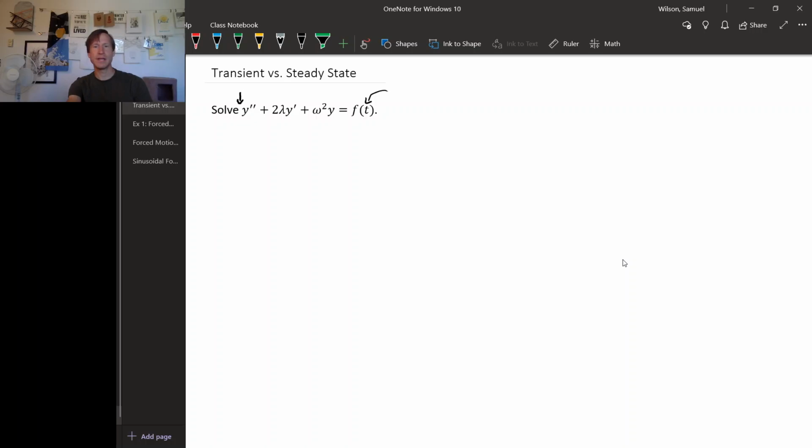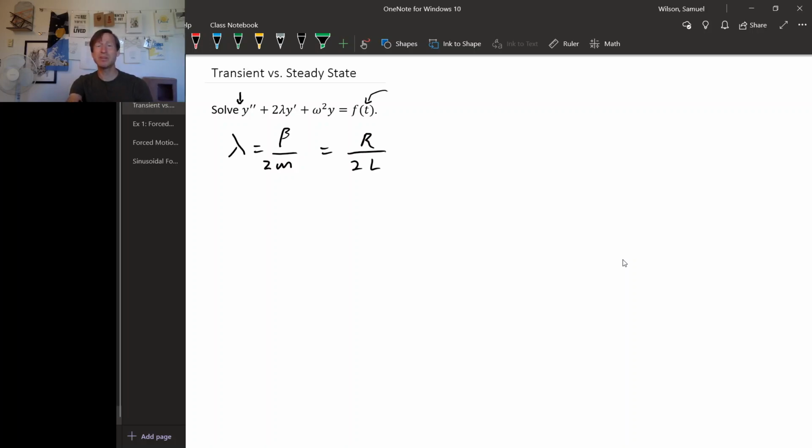So in this situation, we know a couple things. First of all, lambda is, in the spring mass situation, beta over 2m, I guess. And in the circuit situation, it's resistance over 2 times inductance.